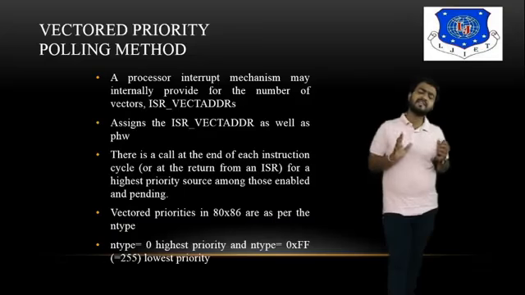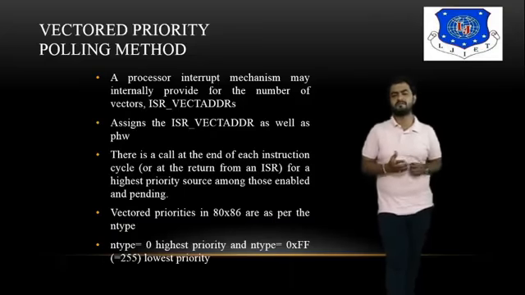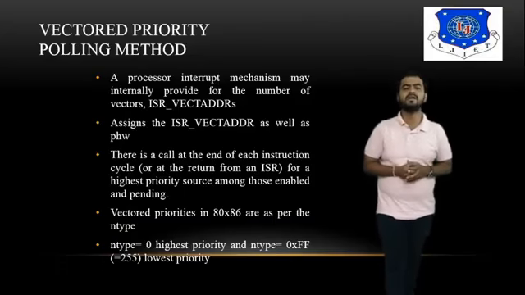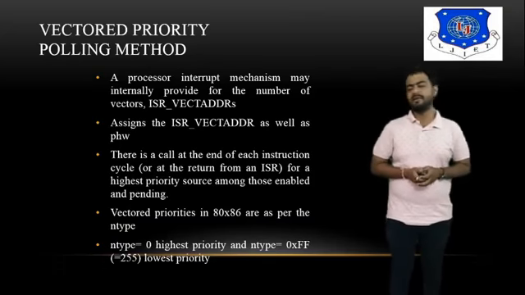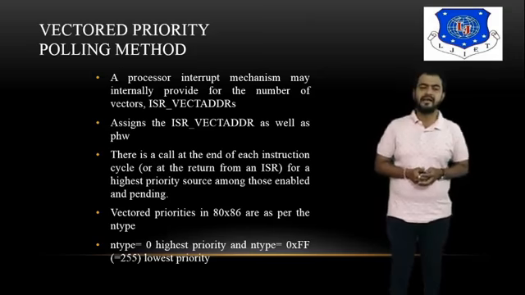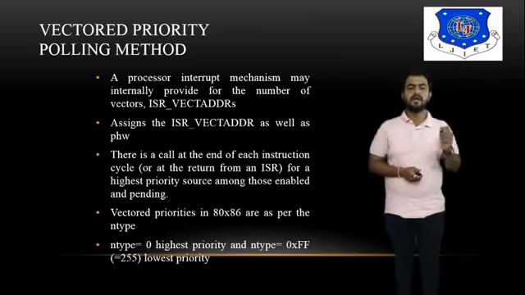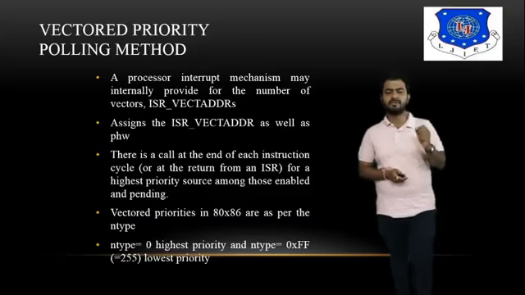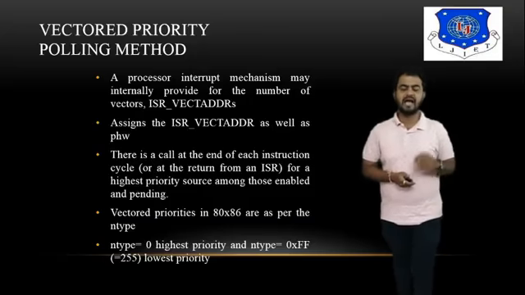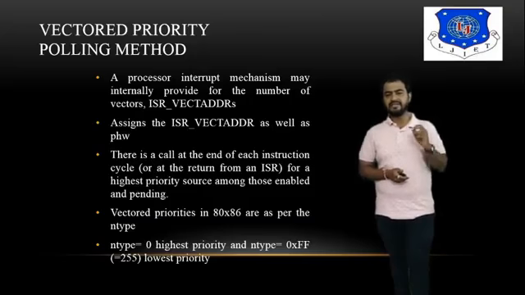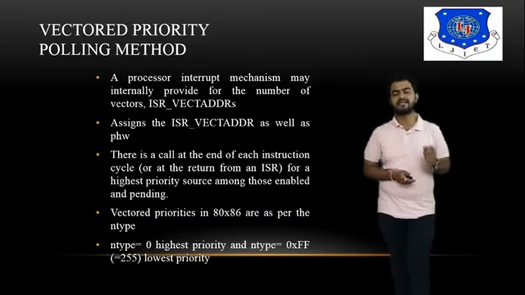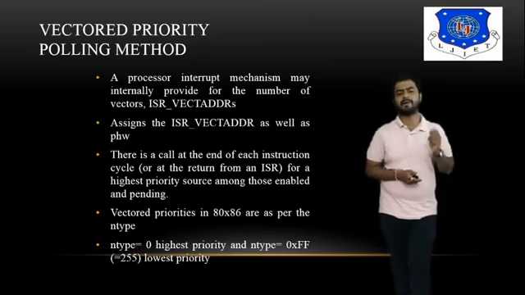So now when we discuss multiple inputs, the multiple types of input priorities, we have to discuss the vectorized priority polling method. In the vectorized priority polling method, a processor interrupt mechanism may internally provide a number of vectors: ISR vector addresses, assigning the ISR vector address as well as a PSW, which means assigning different types of priority.